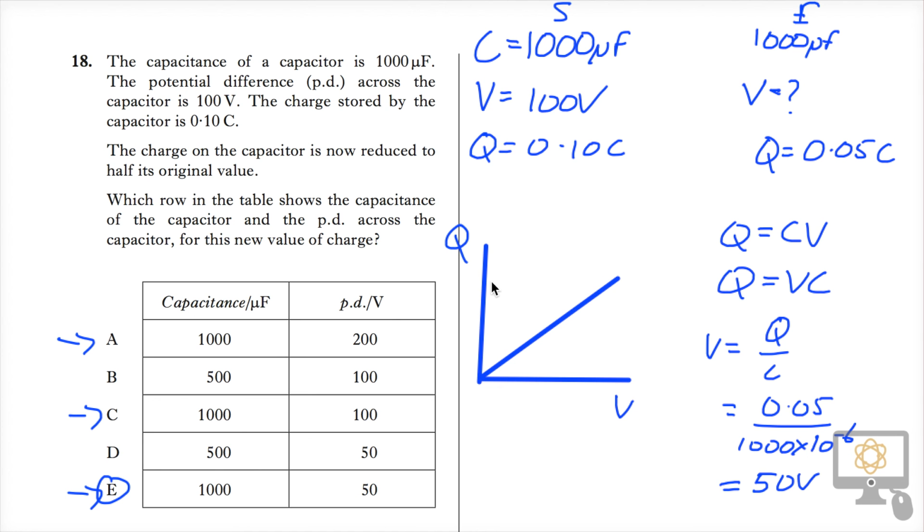And what that shows is that these two are directly proportional to one another. So if the charge reduces by half, that means the voltage will also reduce by half.